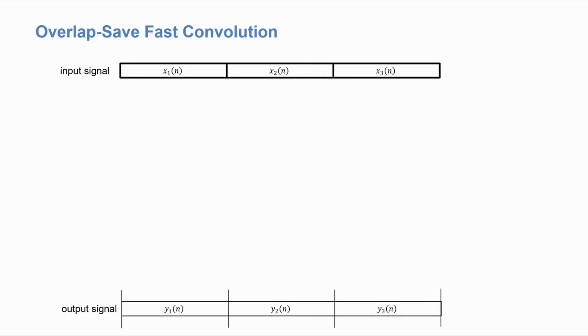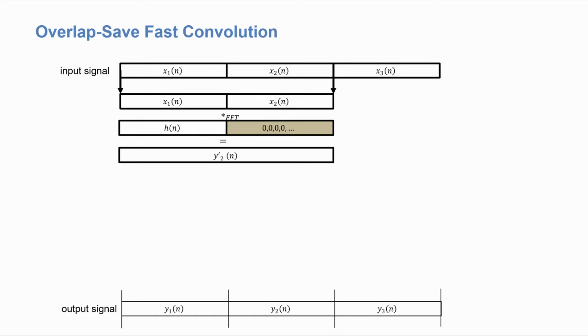For overlap-safe, it's more elegant not to process one frame of the input signal at a time, but two of them, like this. We zero pad our impulse response by one entire frame. Note that there is a constraint with respect to the length of the impulse response here. It must not be longer than one signal frame. If it's shorter, then you just zero pad a little more.